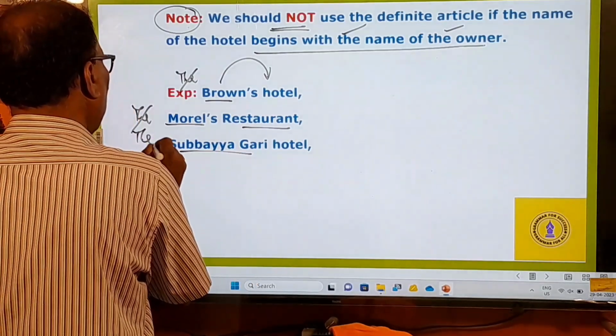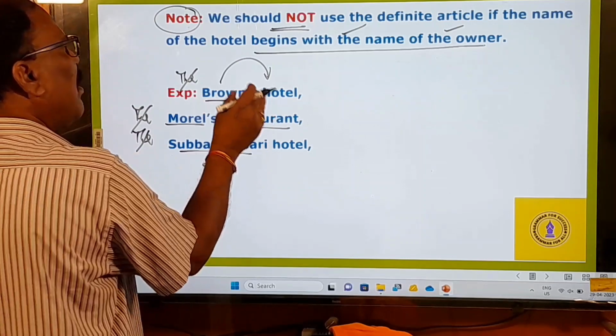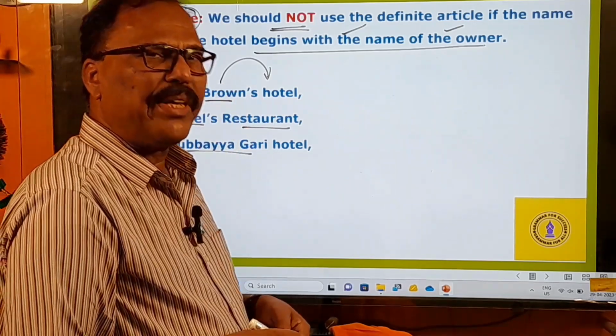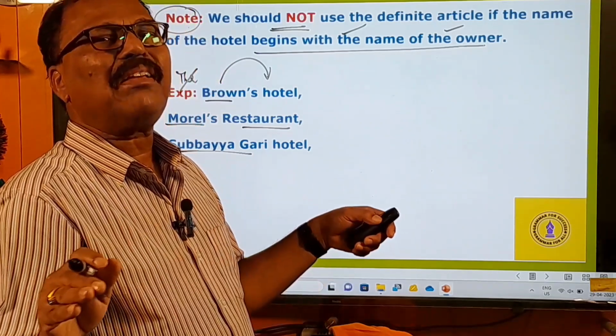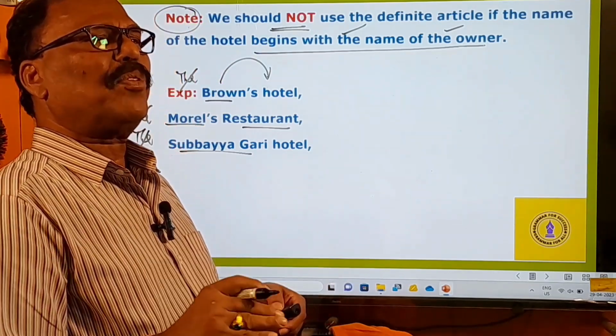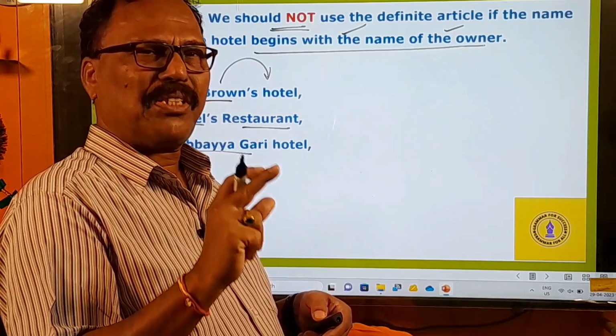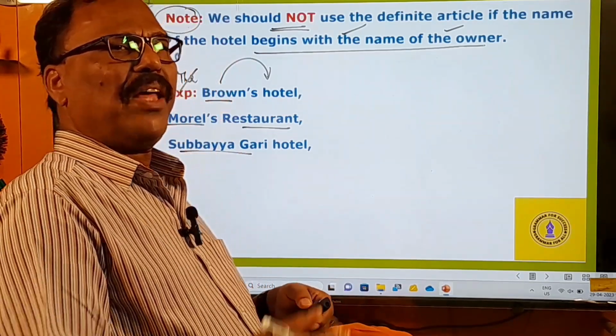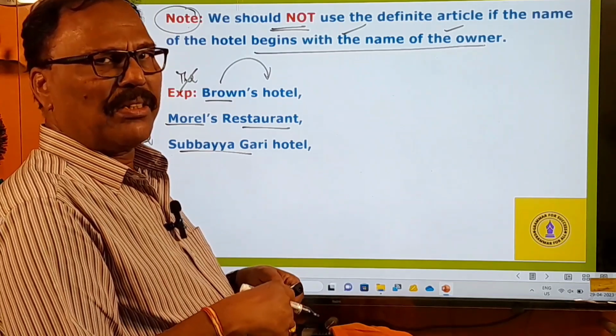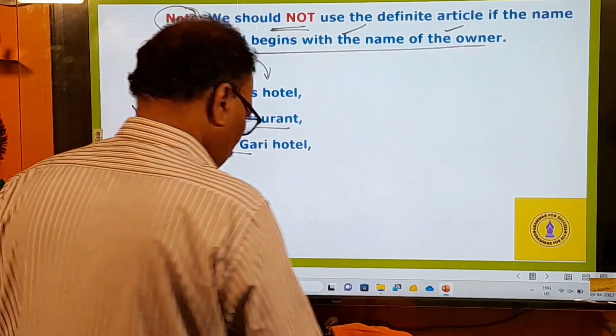So you should not use any article. If the name of the hotel begins with the name of the owner, we should not use any article; only before the names of hotels, pubs, inns, restaurants, we must use the definite article.